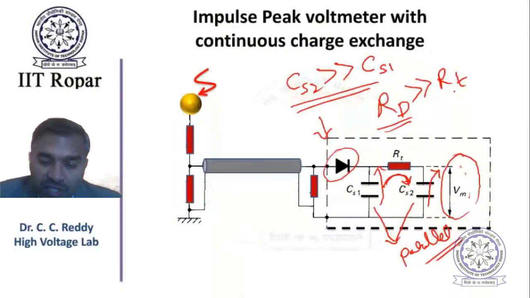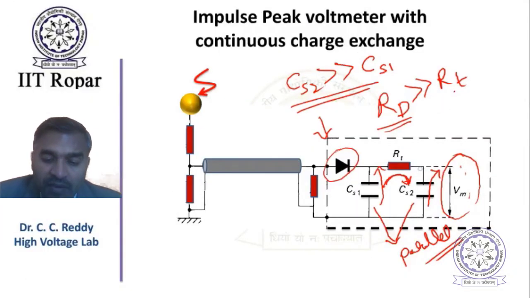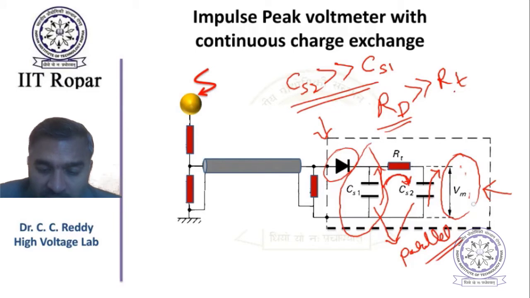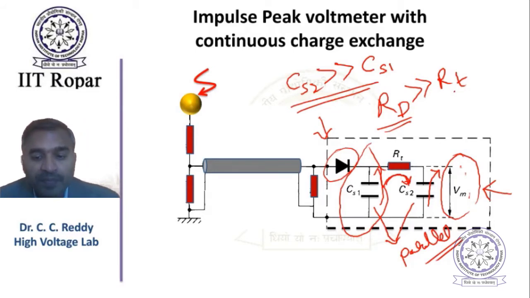So if CS2 is much larger than CS1, then what will be the voltage VM compared to the case when we have only a single capacitor, of course in parallel with some resistor? Compared to that case, will the value of VM be smaller or larger? Yeah, it will be smaller.